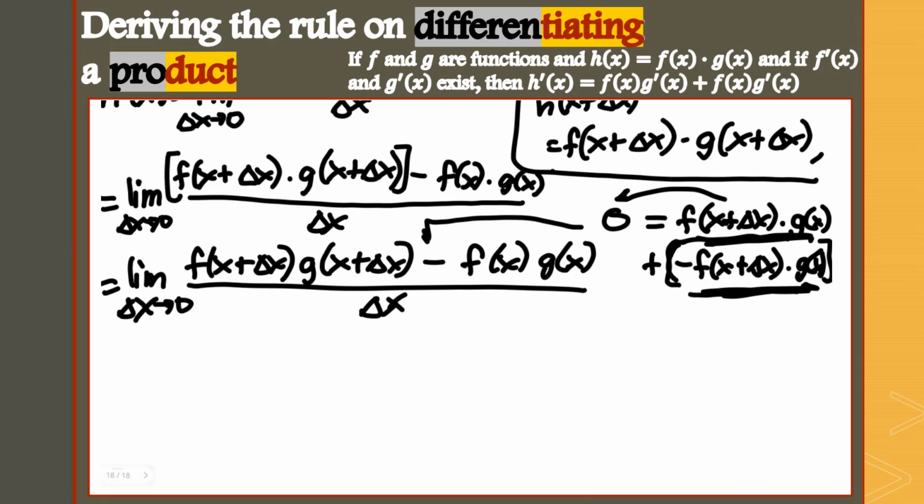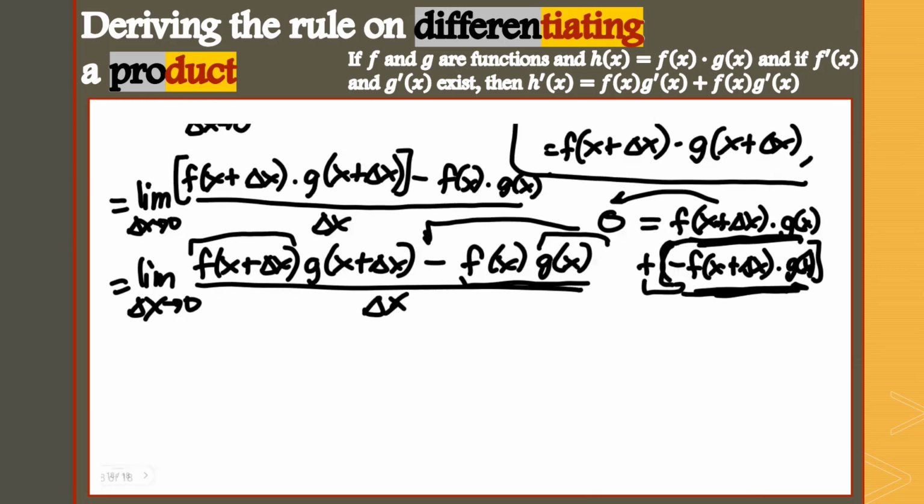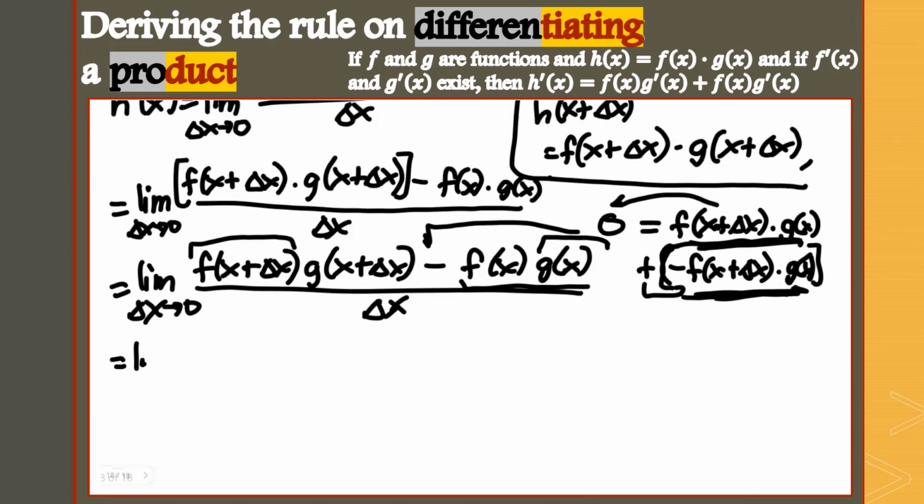Why did I choose this? Because I have these similar terms here. Once I insert them in our numerator, I can use factoring later. And here is how it will go. So what will happen now is this. The limit of, you have here your forms, f of x plus delta x, right, times g of x plus delta x.